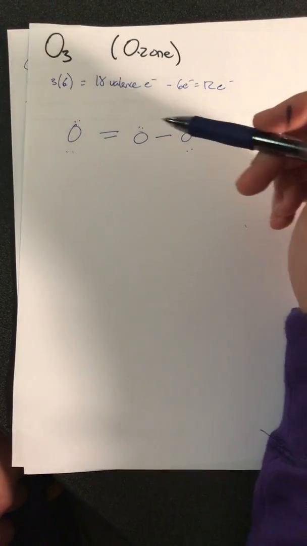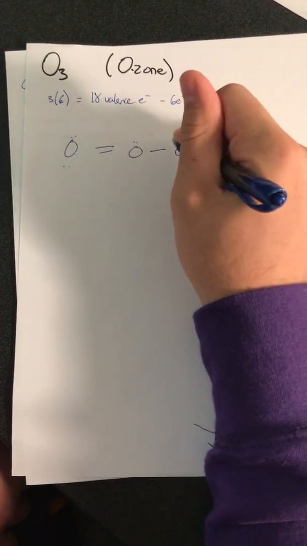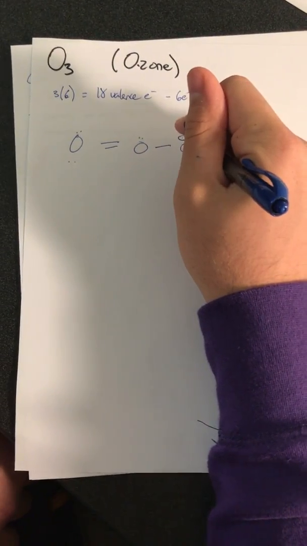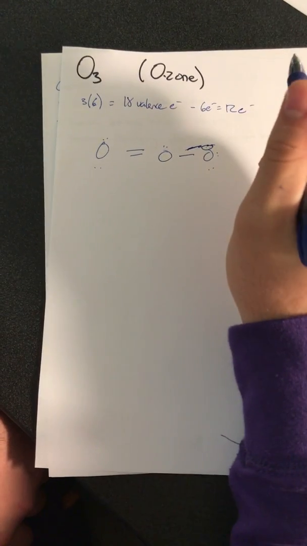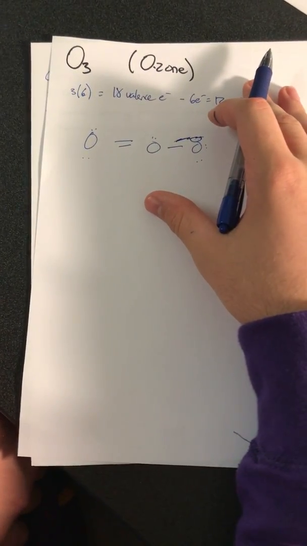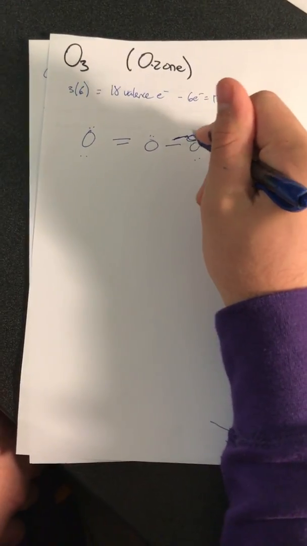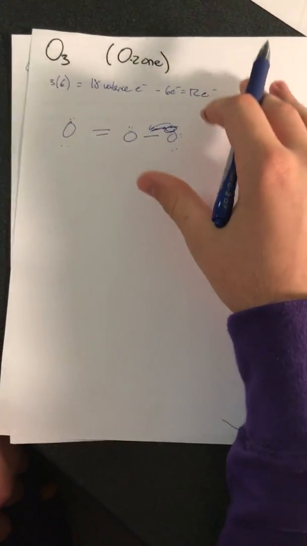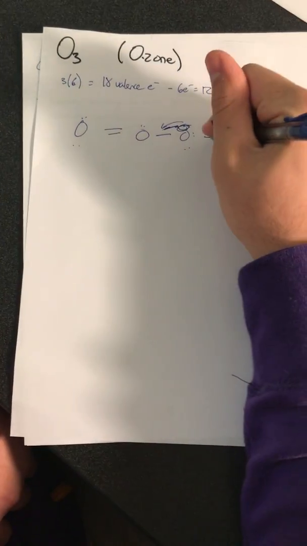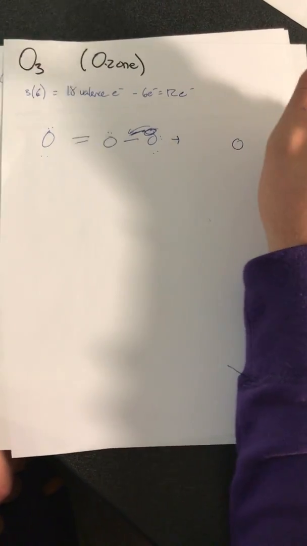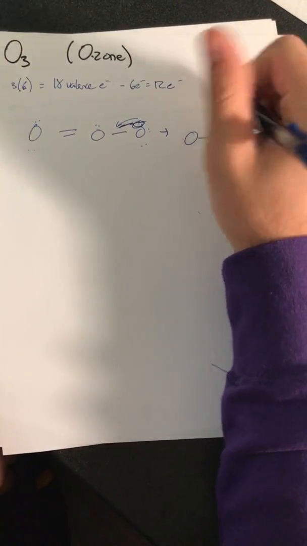However, this molecule exhibits resonance because this set of unpaired electrons can come here to form this bond. And then this bond would come back to here. So in other words, the other Lewis structure could look something like this.